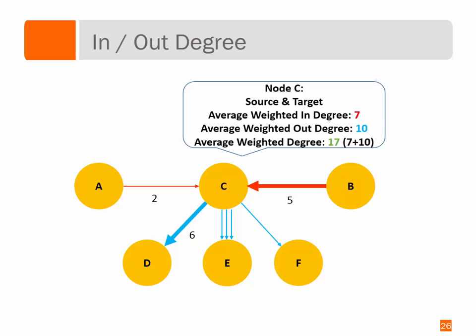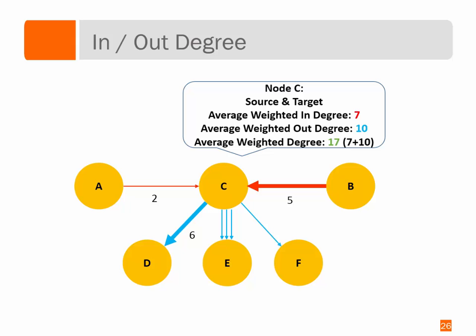Now let's take a look at average weighted out degree. Node C has a relationship with node D that has a weight of 6. So maybe web page C provides 6 referrals to web page D in an hour.